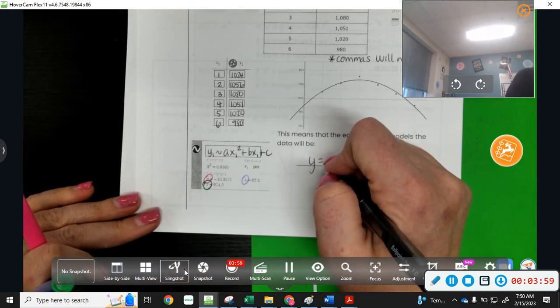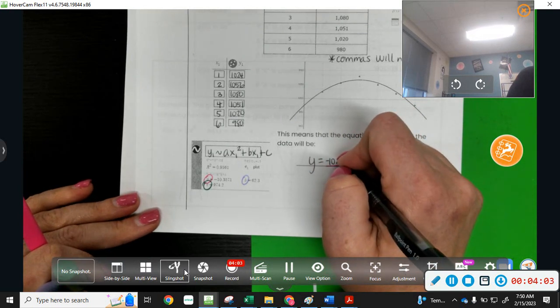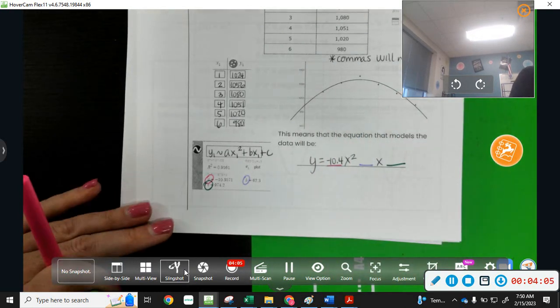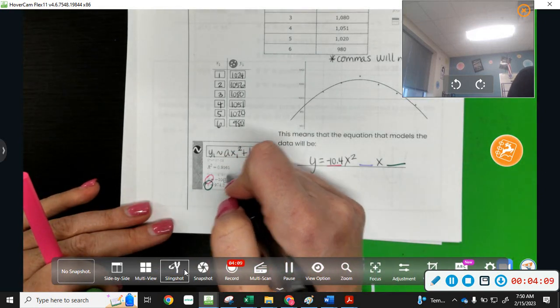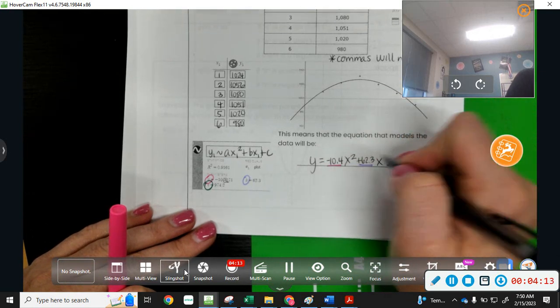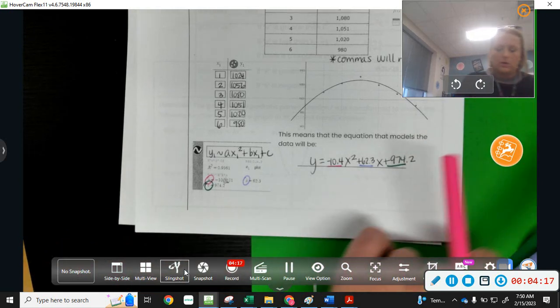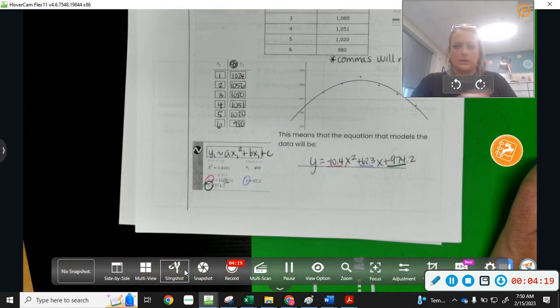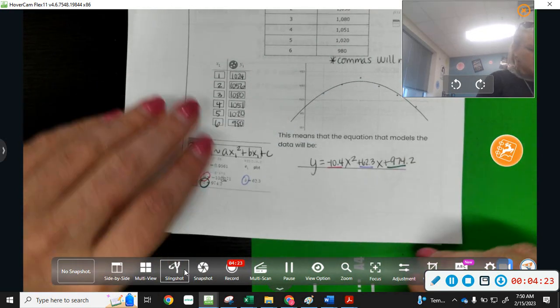It's going to be negative 10.4 because we round to the nearest tenth. So if this is a 5, we round this one up to a 4, plus 62.3 plus 974.2. Okay, and that's what you're going to be doing today, typing in those formulas. So let's go on to the next page.